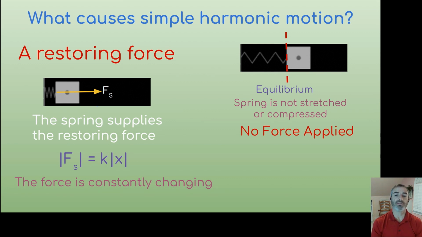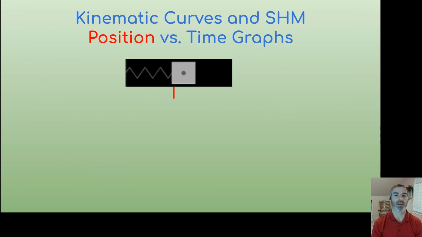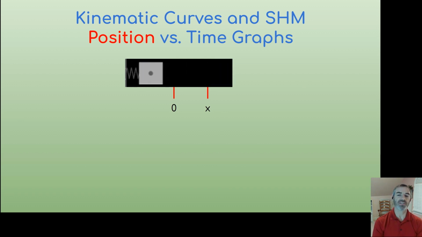So let's look at graphing a position-time graph for the simple harmonic oscillator, the spring oscillator in this case. If we define the equilibrium point as zero, and we stretch that spring out to a maximum distance of x from zero, and then we can also oscillate it until it's compressed, we're going to call that position negative x.